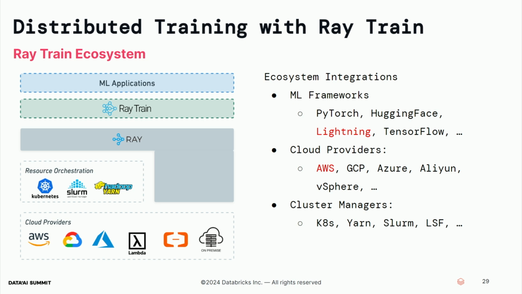We support famous ML frameworks like PyTorch, Lightning, Hugging Face, and TensorFlow, and Ray itself is compatible with different cloud providers like AWS, GCP, and Azure, and can also run on cluster management orchestration layers like Kubernetes. Therefore, you can run your Ray Train workload as long as you have a Ray cluster started on different underlying infrastructure.